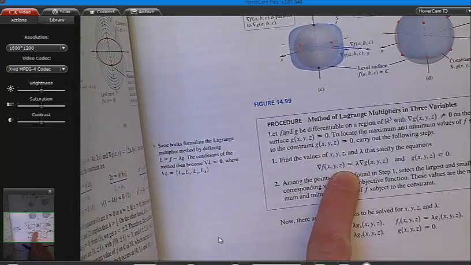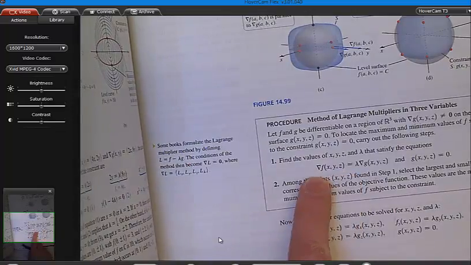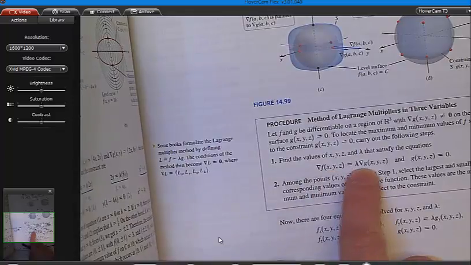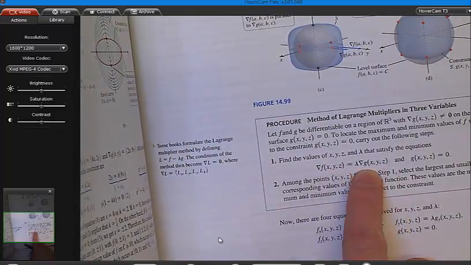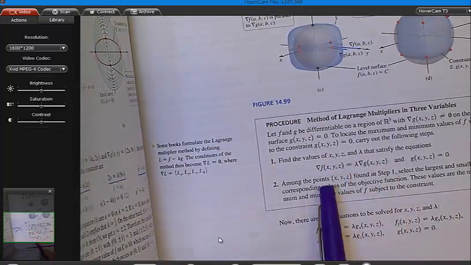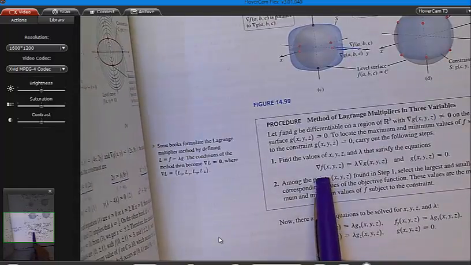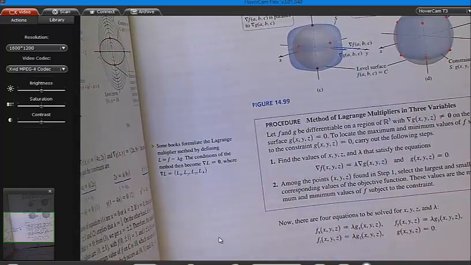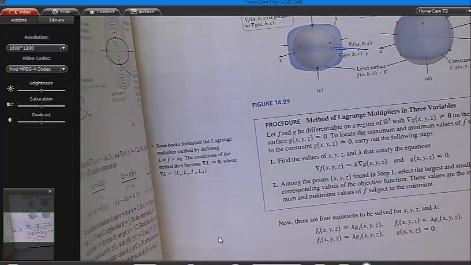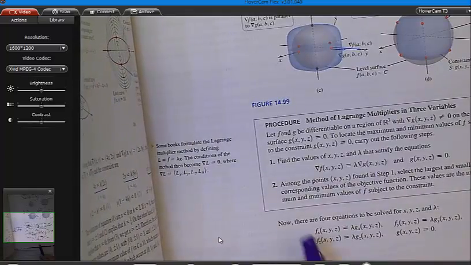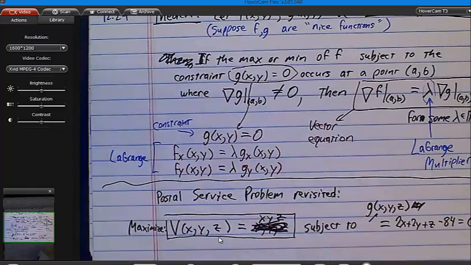So how does that change things for us? Well, what it really means is how many equations am I getting from the Lagrange multipliers? What does grad f of x, y, z mean? It means there's some vector with df dx, df dy, and what? df dz. So we're going to get another equation, all right?